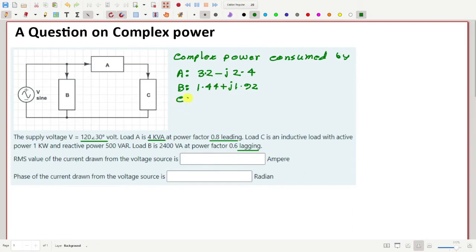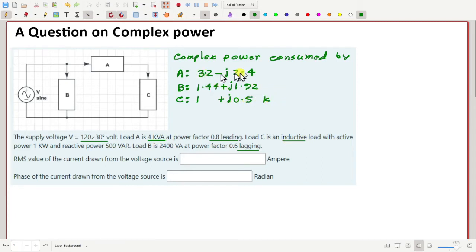Now consider load C. Load C is an inductive load with active power 1 kilowatt. This is the power consumed, so the active component of the power is 1 kilowatt and the reactive power is half kilowatt, and since this is inductive in nature, we should have plus j 0.5 kilo.